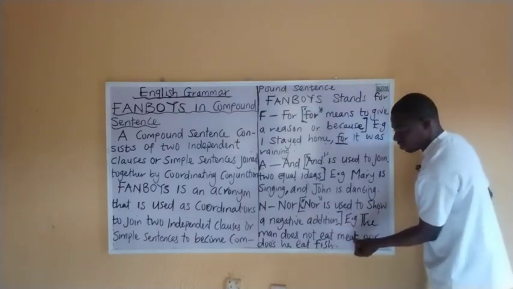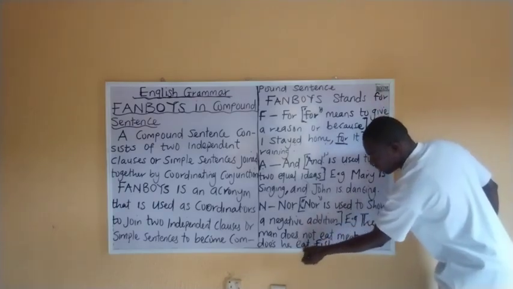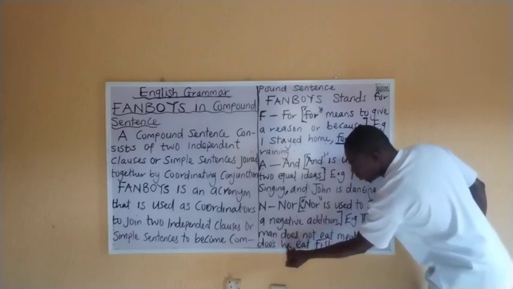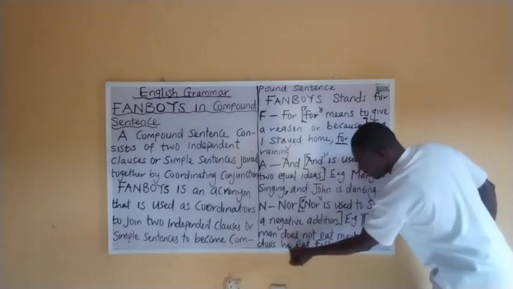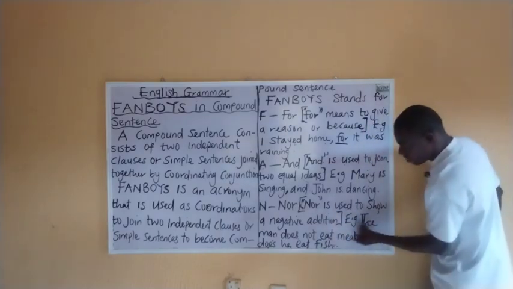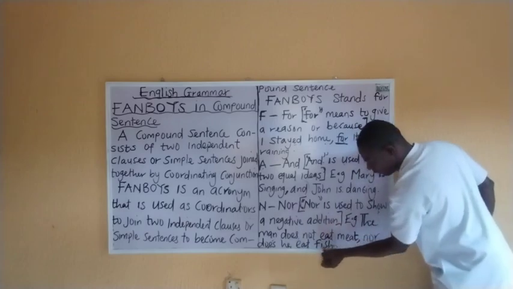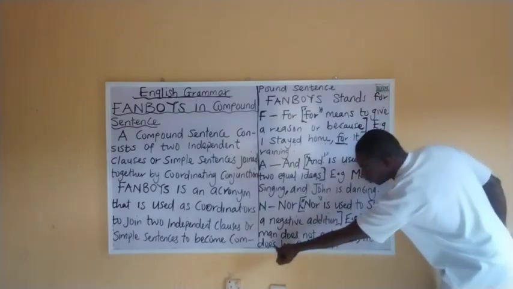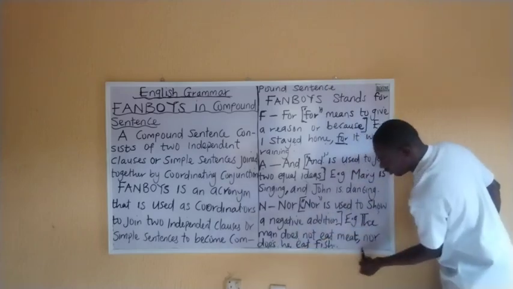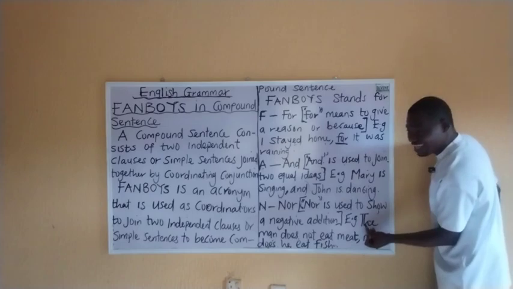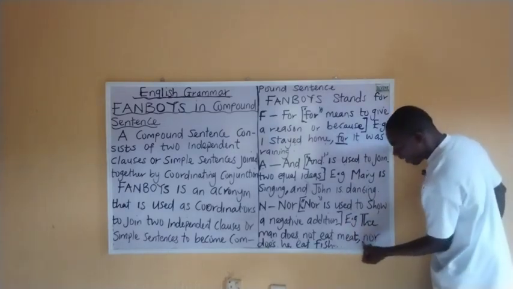The second clause is does he eat fish. So the "does he eat fish" here is a negative addition to the first negative statement, connected by "nor."